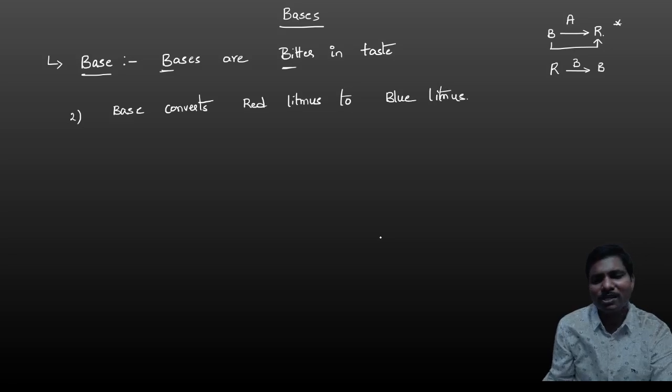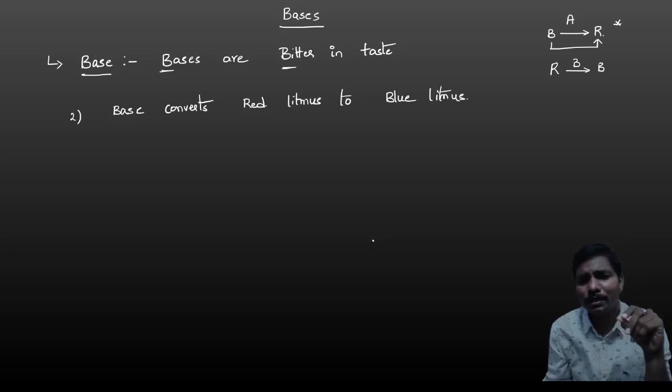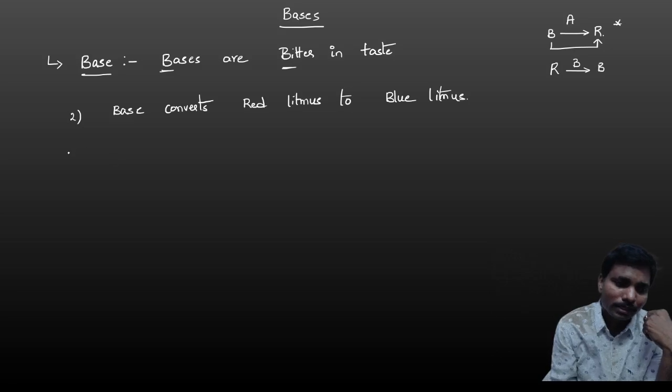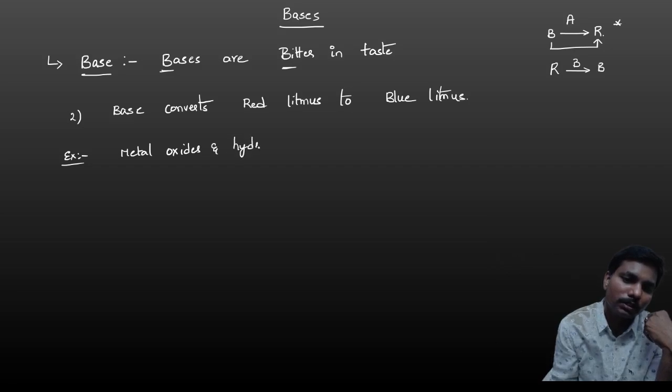Coming to the examples of bases. In the previous session, I said that non-metals are acidic in nature. So here, metals are basic in nature. So examples of bases are metal oxides and hydroxides.